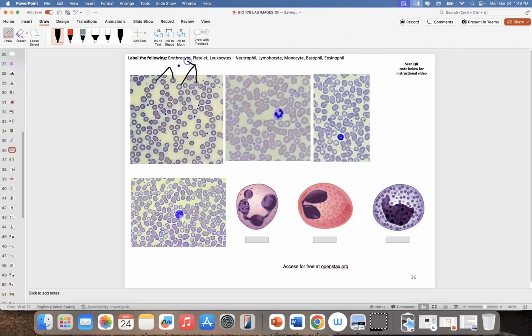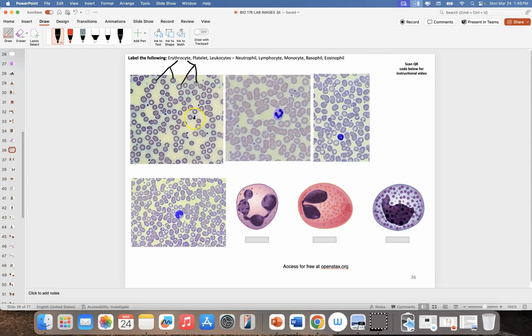They will not have a nucleus when they are mature, and the reason for that is because they lack a nucleus and most organelles, so they can be fully packed with oxygen because their job is going to be to transport oxygen throughout the body. Again, these numerous pinkish red cells without a nucleus, those will be our red blood cells, or we also call them erythrocytes.